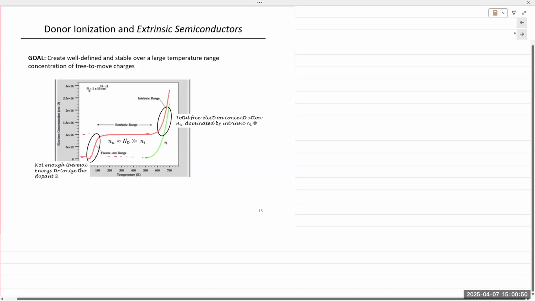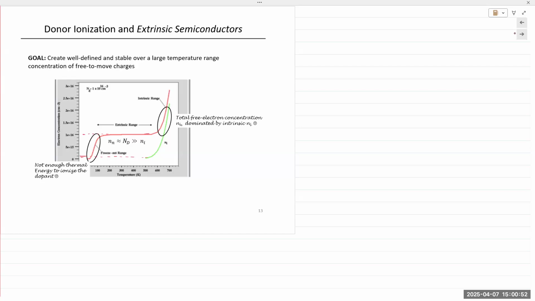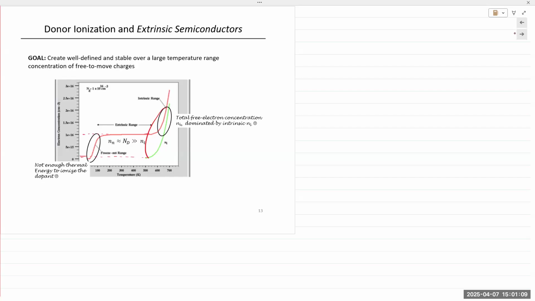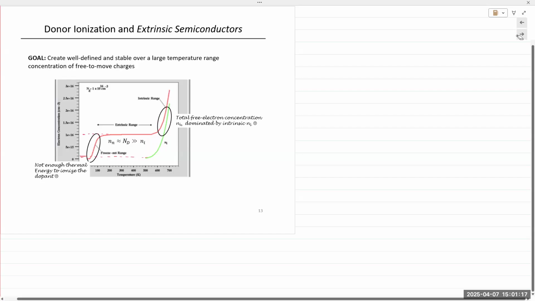We introduce 10 raised to 16 external impurities in there. As the temperature increases, that 10 raised to 10 goes to 11, 12, 13, 14, 15, 16. And at some point, which is basically indicated right here, it is going to increase beyond the extrinsic impurity levels. And so at higher temperatures, it's intrinsic charge carriers that dominate conduction. Okay, and that's the effect of temperature.